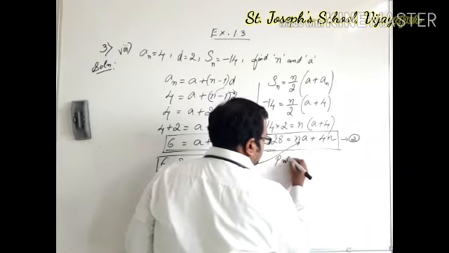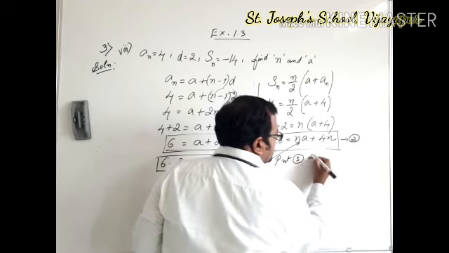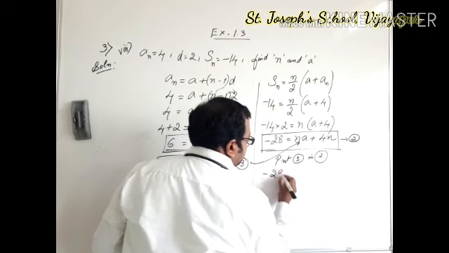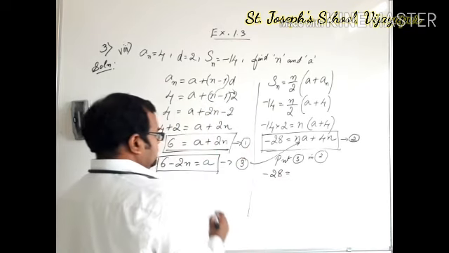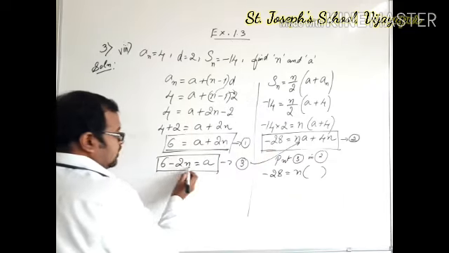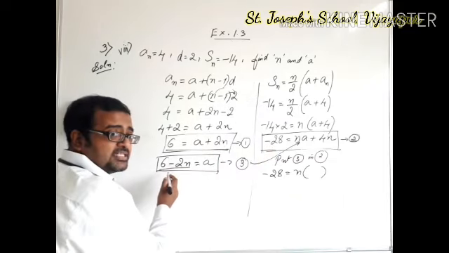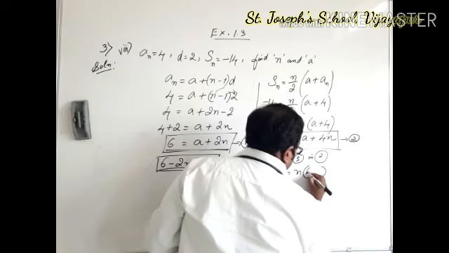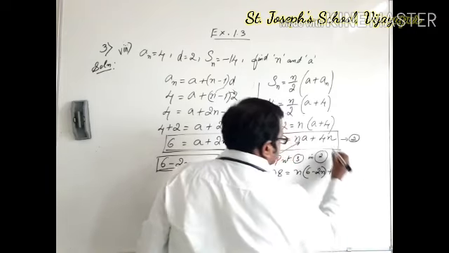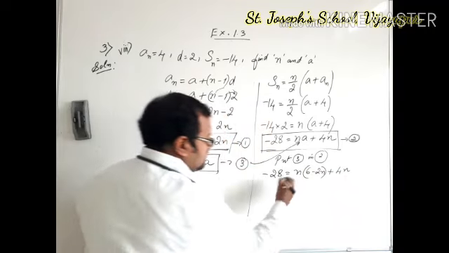So put equation 3 in equation 2. What happens? Minus 28 is equal to n into a, but you know that a can be replaced with what? A can be replaced with 6 minus 2n. So 6 minus 2n plus 4n, as 4n remains as it is. Simplify further.